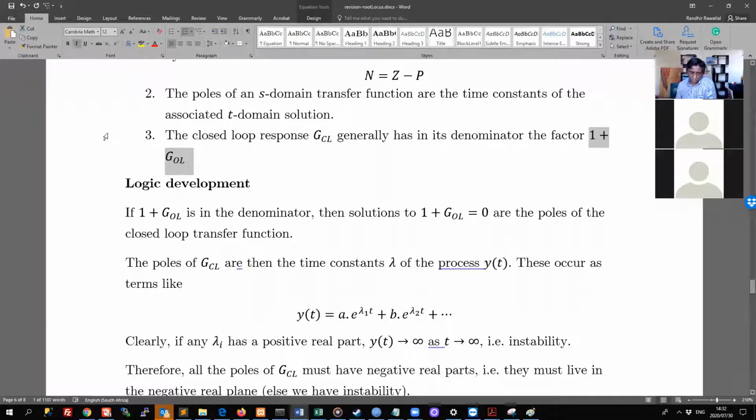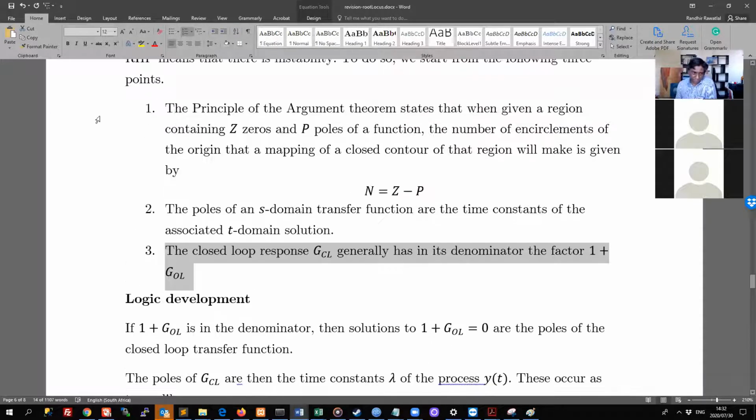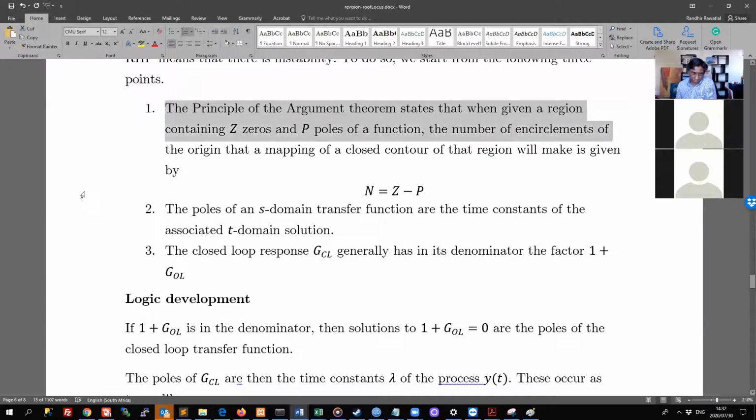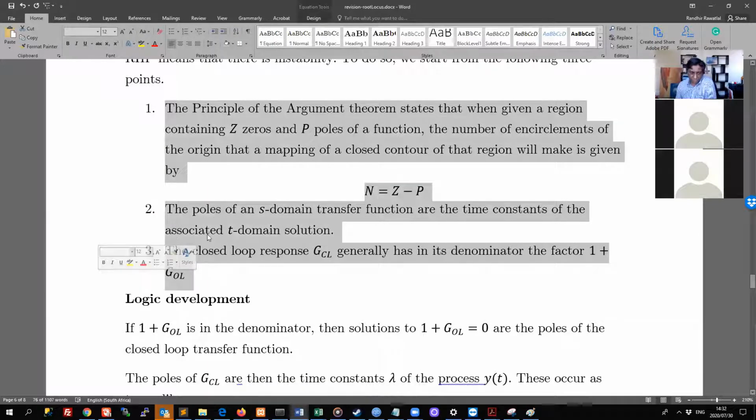So have a look at this part of it. You'll find that we always have your closed loop transfer function having a denominator that has this factor of 1 plus g open loop. So these are, if you like, the three starting point facts.